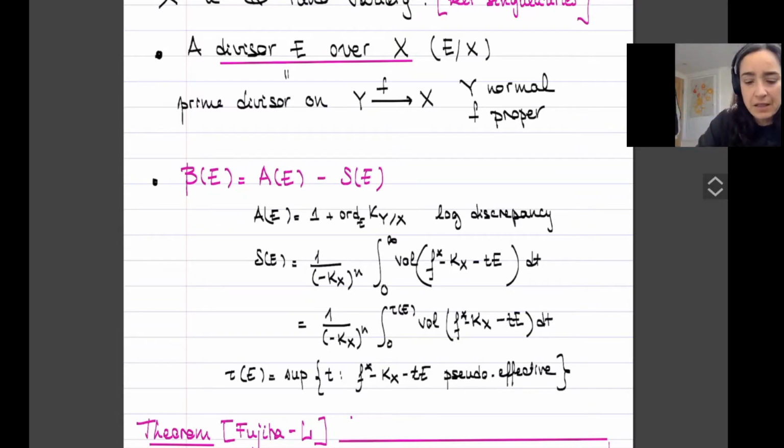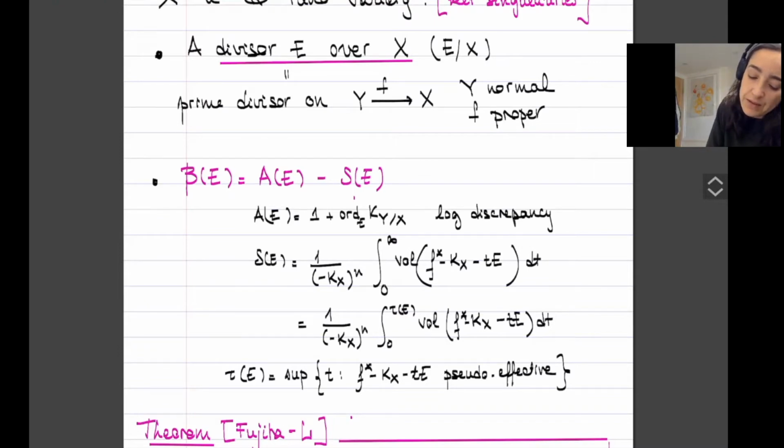And the second entity here, S of E, is actually the expected order of vanishing. So it's 1 over the volume of your Fano variety, minus K_X to the n, times the integral from 0 to infinity of the volume of f upper star of minus K_X minus tE dt. This integral is actually an integral only while the volume makes sense.